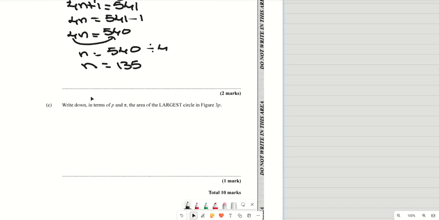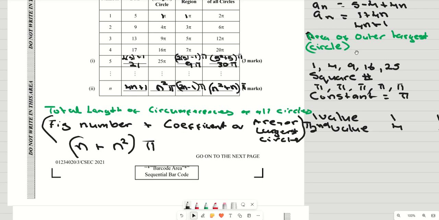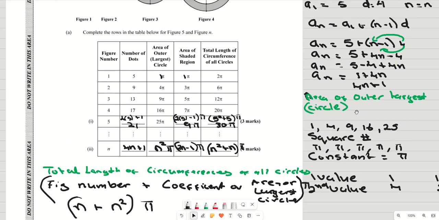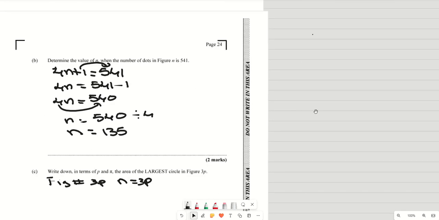And then they say write down in terms of p and pi the area of a larger circle in figure 3p. Oh, okay. So your figure number is equal to 3p. That means n is equal to 3p. Okay, and I want to know the area of your larger circle. So the formula for area of your larger circle is n squared by pi, right?